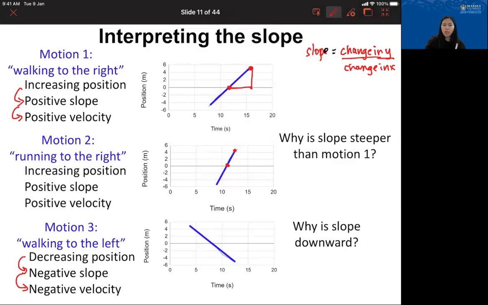So moving backwards or moving to the left, you're moving towards more negative numbers, or smaller numbers, will give you a negative velocity. Okay, are we happy with that? Good.